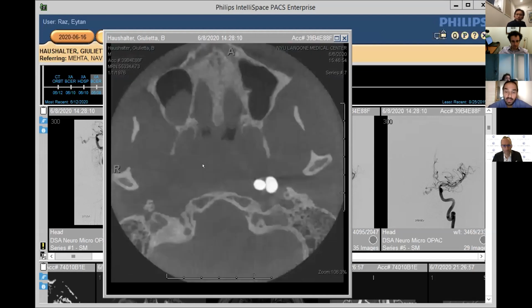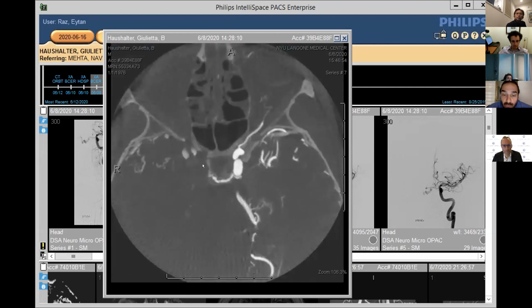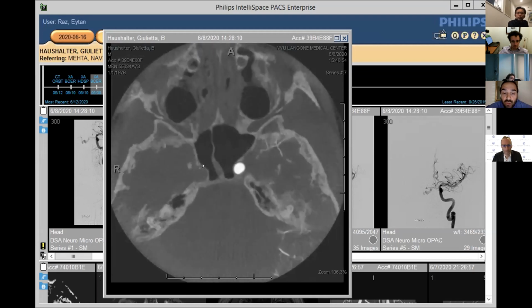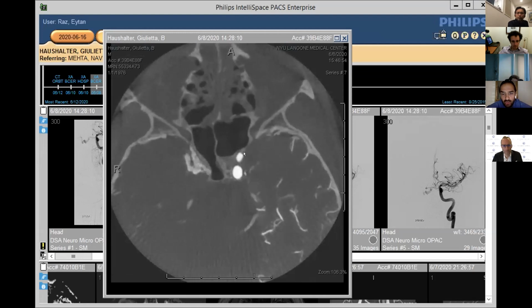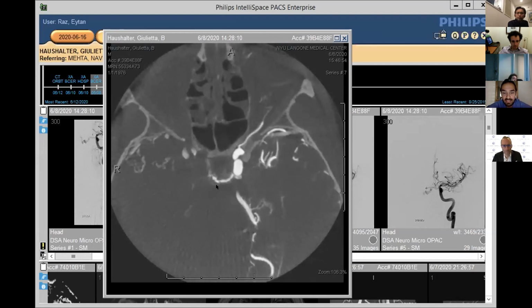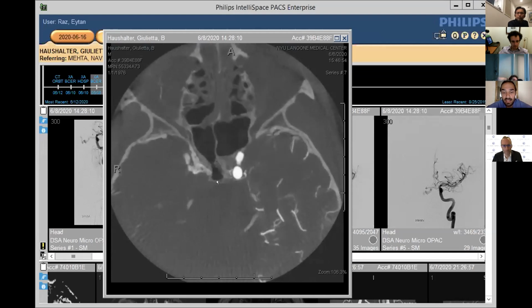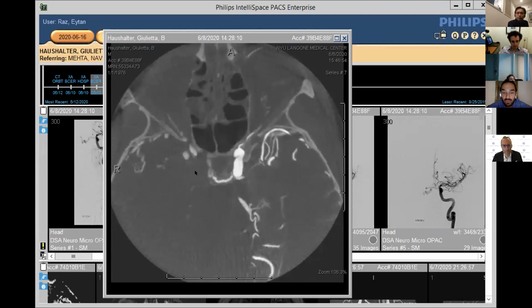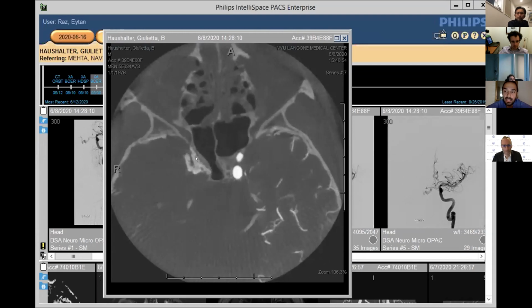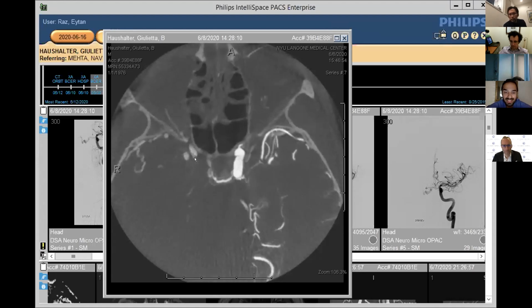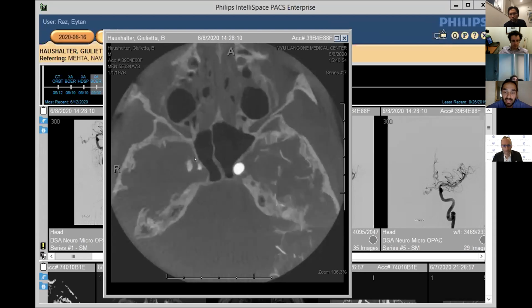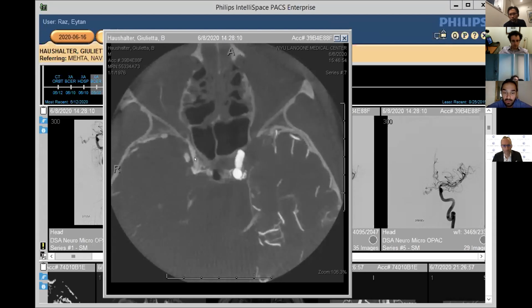Going forward, we did this 3D from the left side that turned out to be very useful, because it shows us selectively the right cavernous sinus. Injecting the contralateral ICA gave us the privilege to see the fistula on the right side without the superimposed right-sided vessel that would have obscured the selective view of the right cavernous sinus and its outflow.